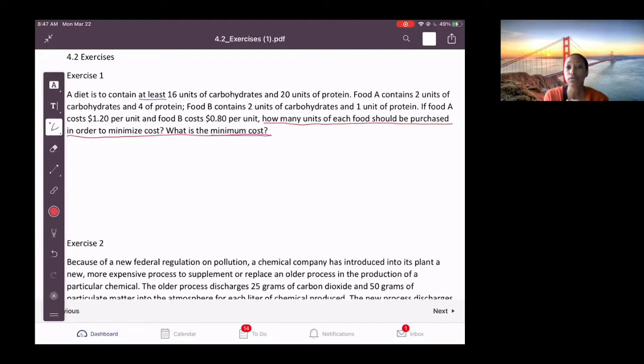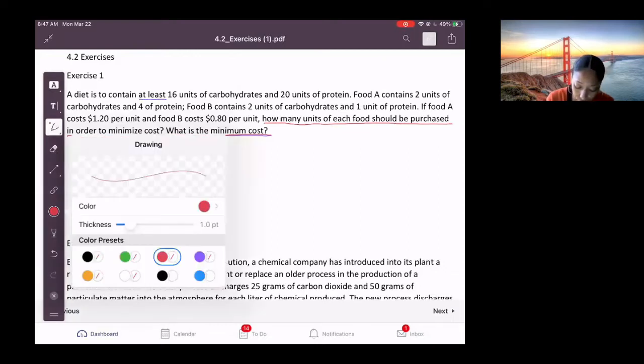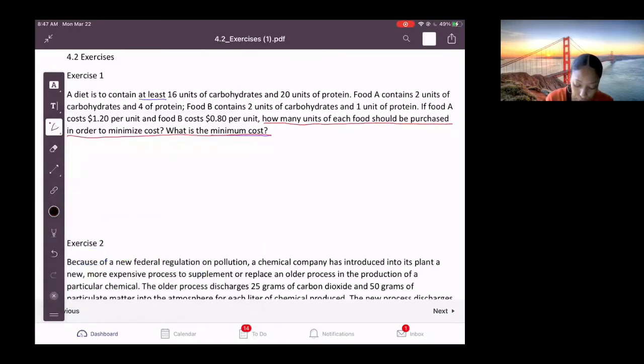Here we have 2 different types of food, A and B. And we want to know how many units of each type of food we should buy, okay? So we're trying to find the number of units of each type of food. Each of those things should be labeled with a variable.